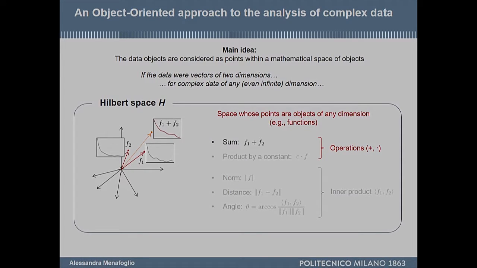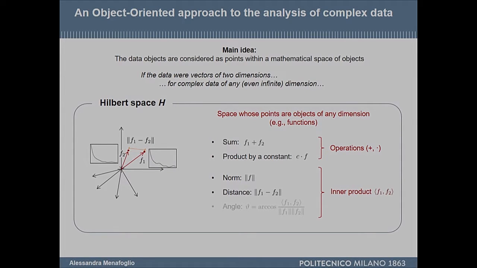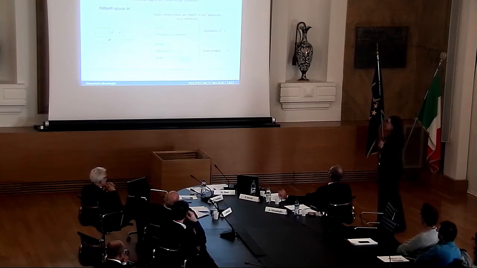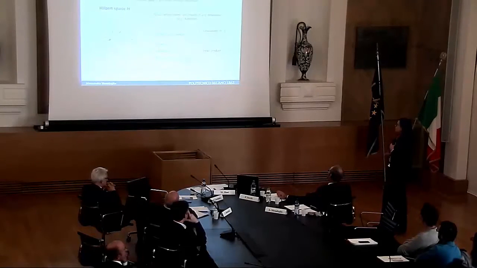But we can make the same kind of operations that we did before. So we can do sum of objects, product by a constant. We can measure the length of this vector, so the norm of the function. We can measure the distance between 2 functions, and we can measure angles between functions. And all of this is possible because we have definitions of operations and definition of an inner product that makes the space complete.